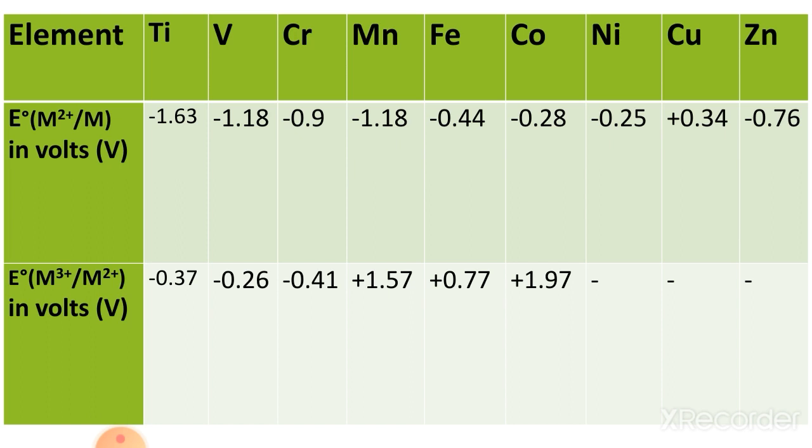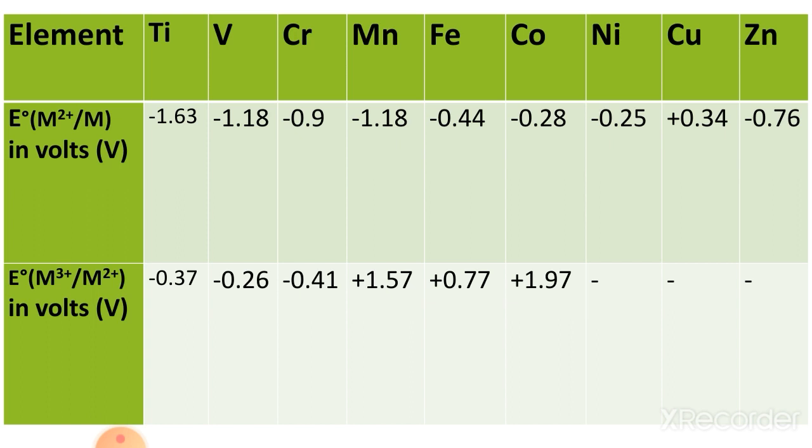So that's why, due to more enthalpy of hydration, Cu2+ is more stable than Cu+. So one question may arise: why is Cu2+ more stable than Cu+? Your answer should be in terms of the more negative hydration enthalpy.